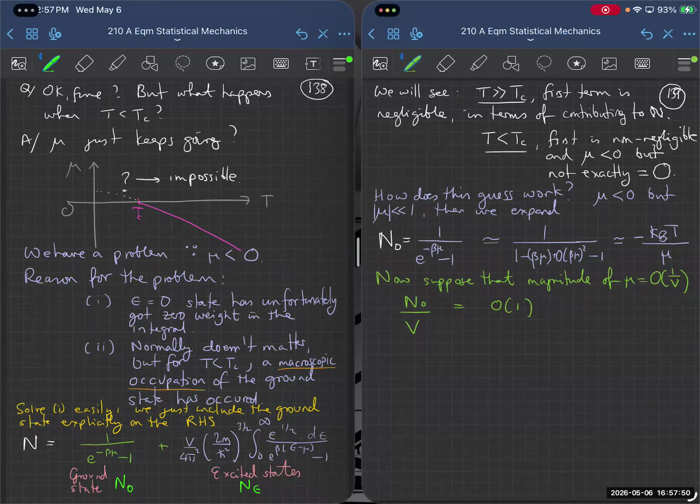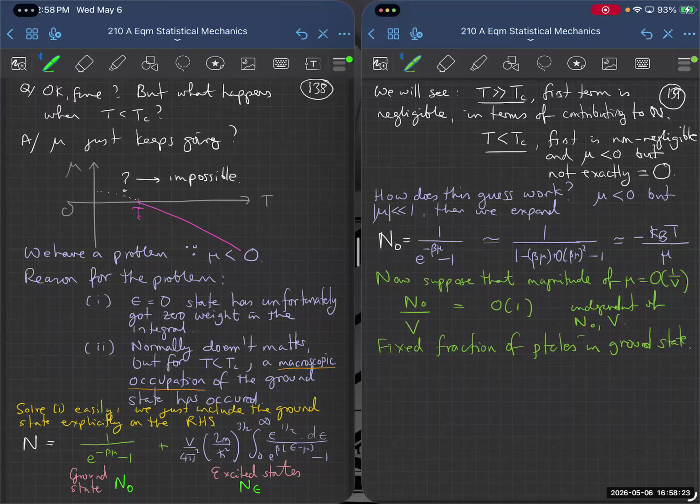So it's a thing that is independent of n naught and v. It's just a pure number. And so that says that there is a fixed fraction of particles in the ground state.